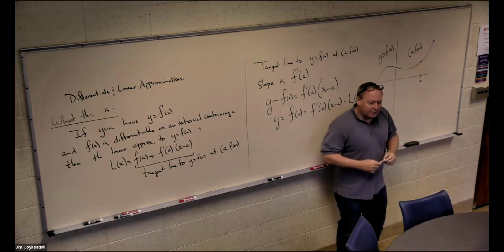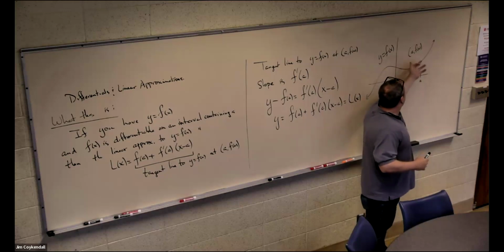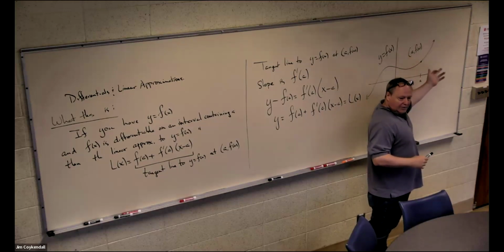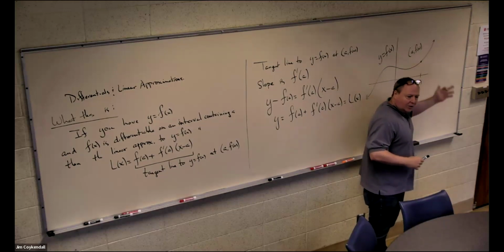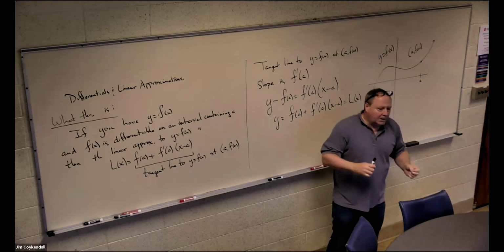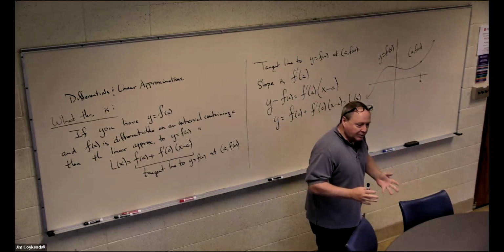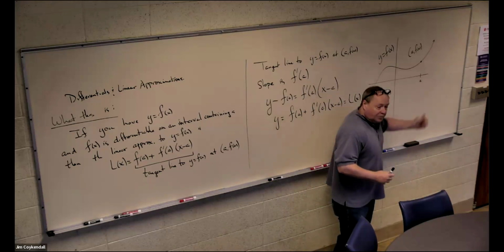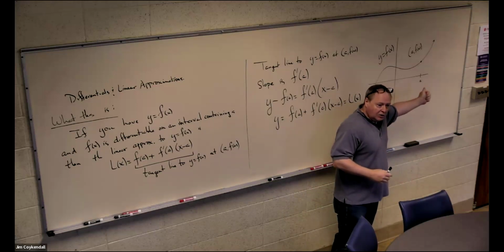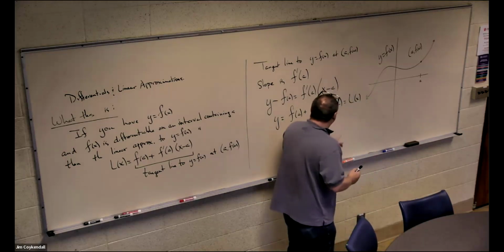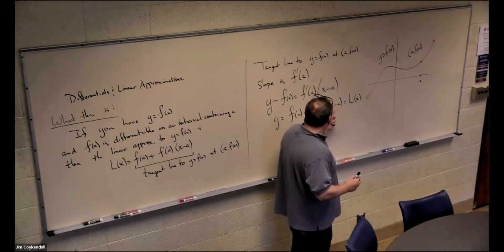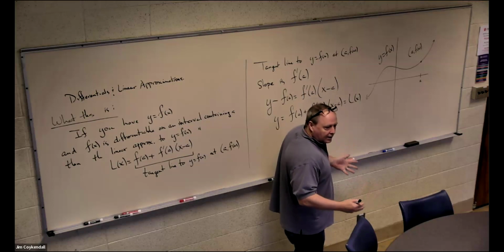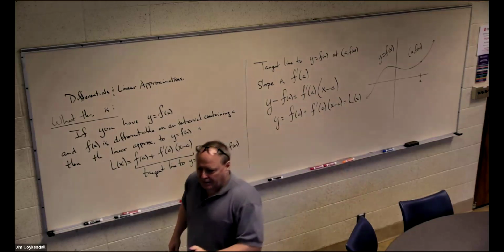But like I said, this might be a polynomial or something with crazy logs in it, something that's hard to compute. Plugging in for that kind of thing can sometimes be computationally inaccessible. Whereas plugging in for a line, all you do is plug in your x, subtract a number, multiply by a number. There you go. Much easier to do.